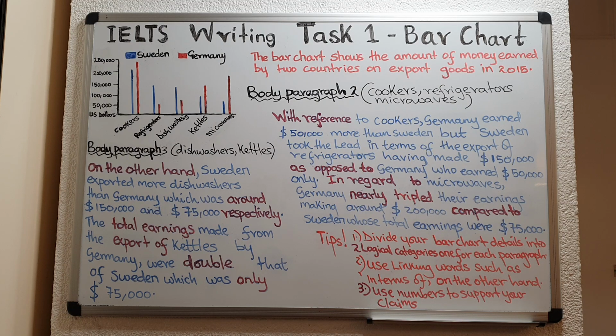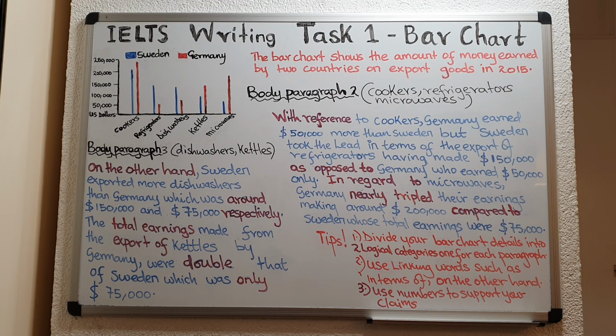So you have with reference to cookers, now I have to talk about the two countries, Germany earned 50,000 more than Sweden. I'm comparing them. And then I come on to refrigerators. I point out, but Sweden took the lead in terms of the export of refrigerators.